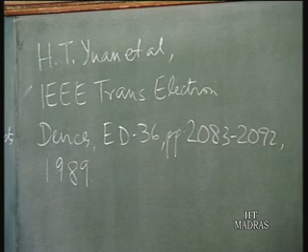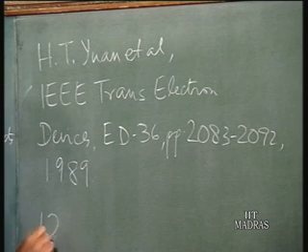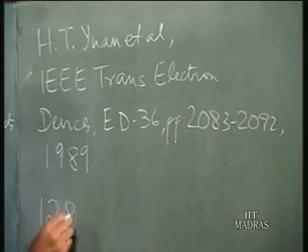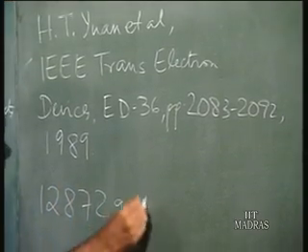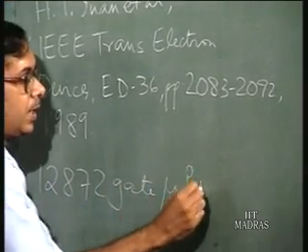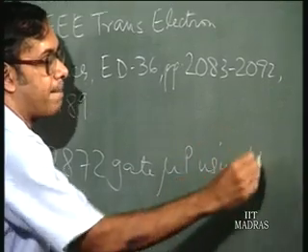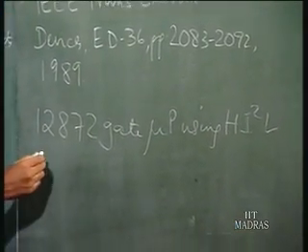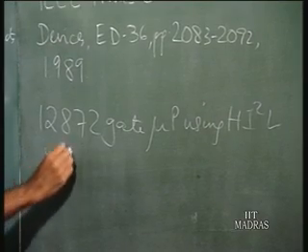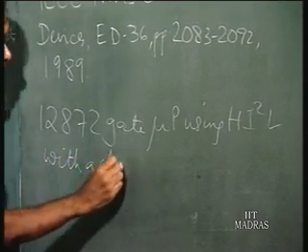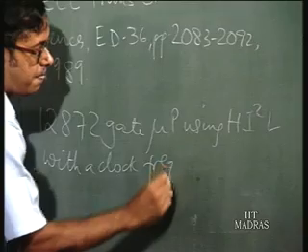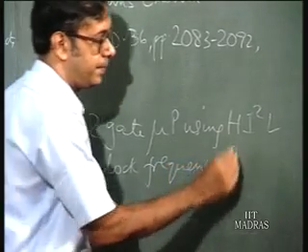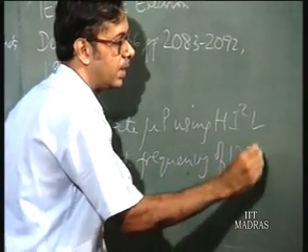In this paper they reported that they had fabricated a 12,872 gate microprocessor using H I squared L, with a clock frequency of 125 megahertz.